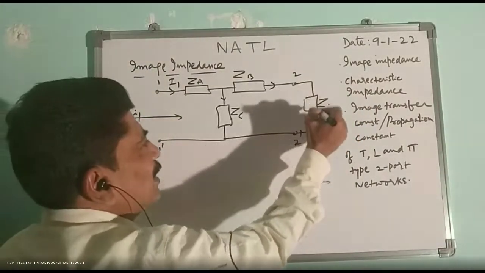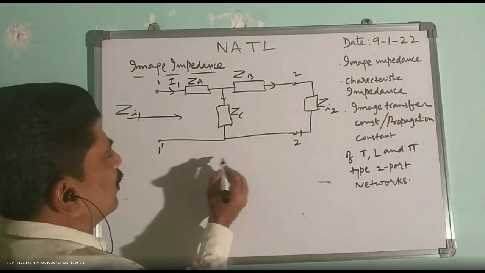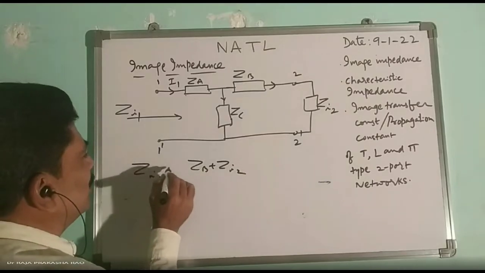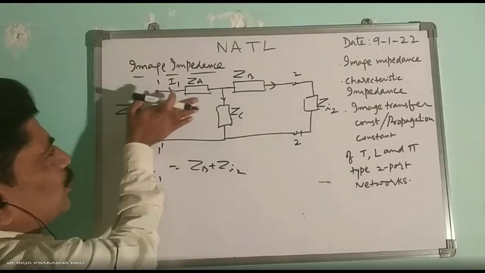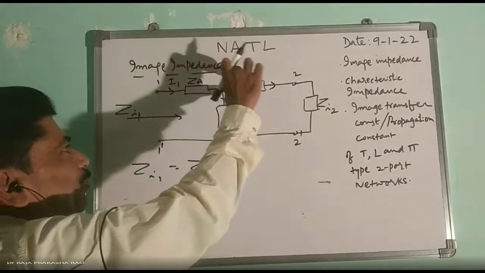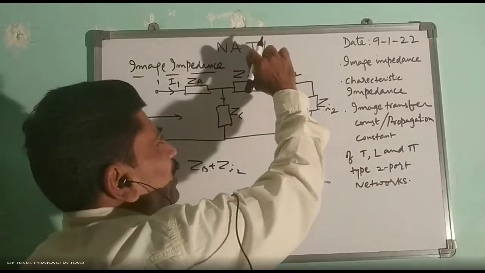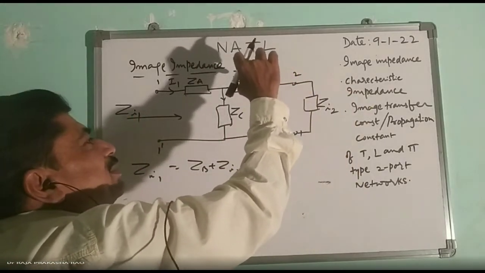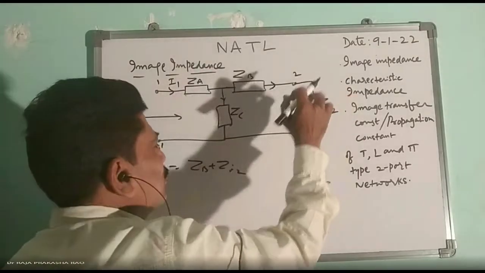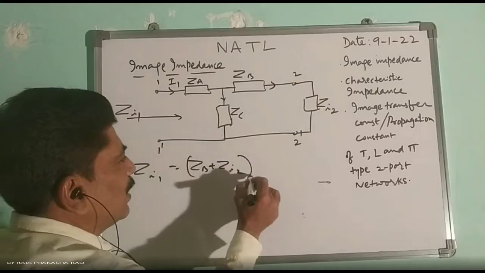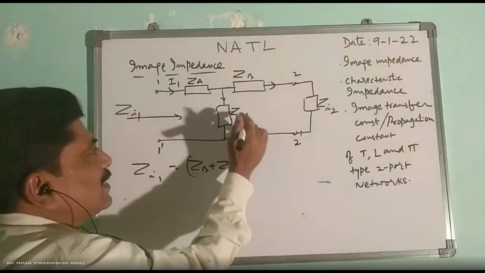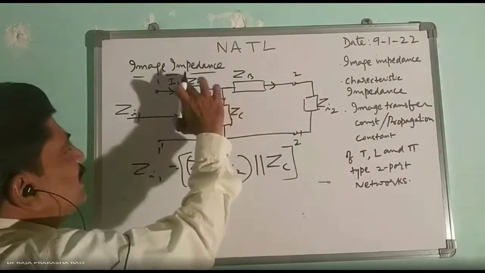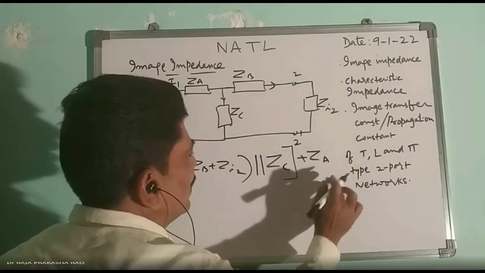The same current flows through ZB and ZI2, so we add these two, ZB plus ZI2. This result is in parallel with ZC, and this combination is in series with ZA. This is the way of finding ZI1.